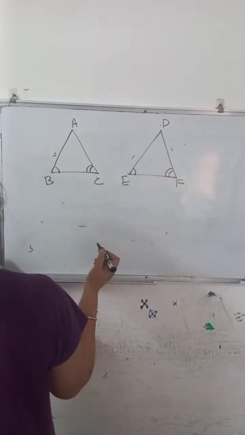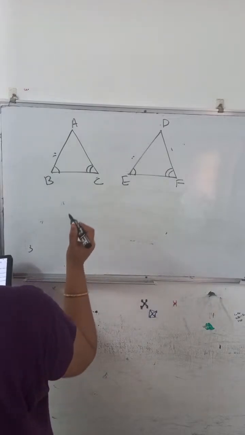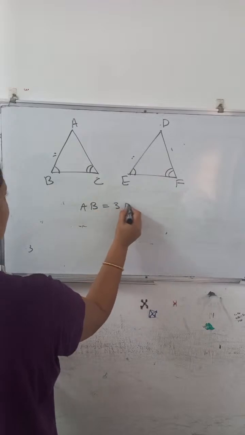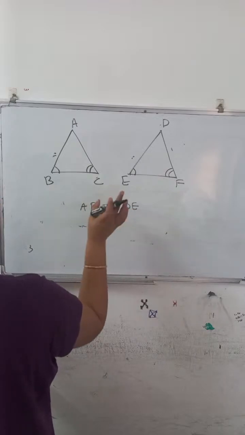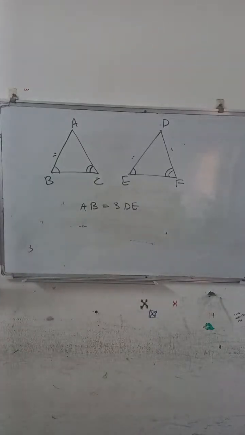Third option, neither congruent nor similar. And last option, congruent as well as similar.